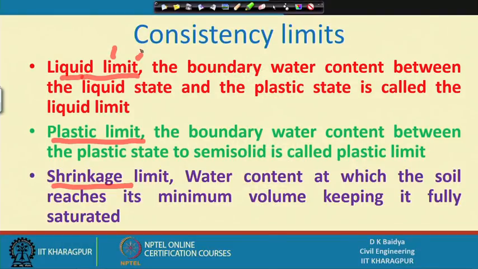So, that limit, the water content at which the soil reaches its minimum volume, keeping it fully saturated, is called shrinkage limit. How to find out all those things we will discuss later, subsequently. Right now, these are the qualitative definitions of the 3 limits.